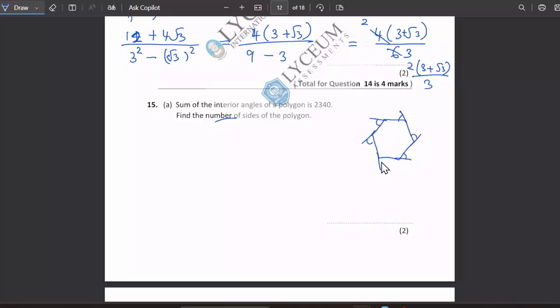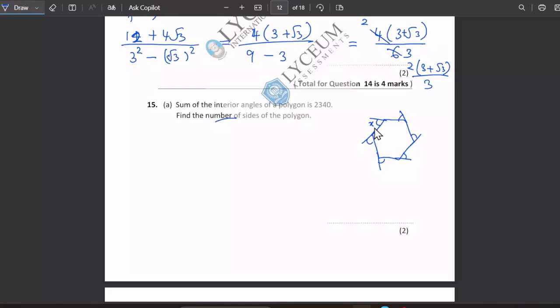If we measure these exterior angles, we will get 360. So that thing we can use. Okay, let's think this polygon is a regular polygon, meaning all the sides are equal, then all the exterior and interior angles are also equal. So let's take this as x.